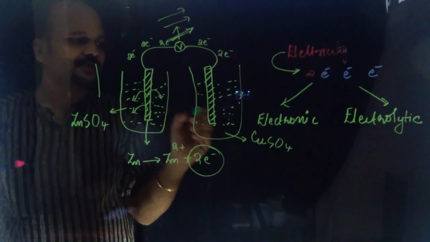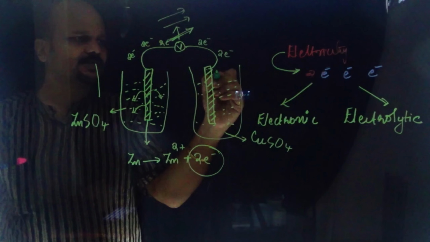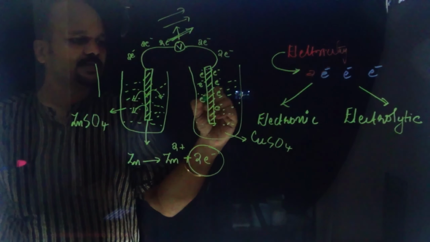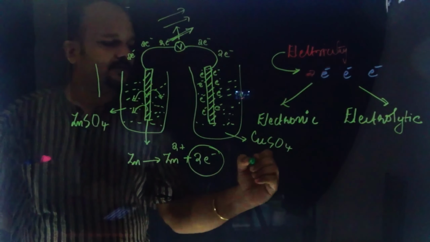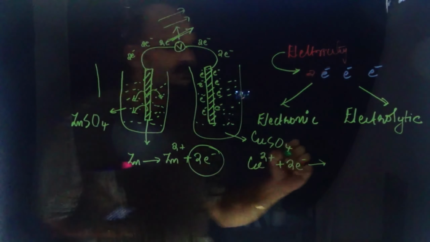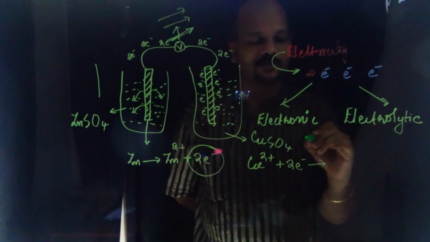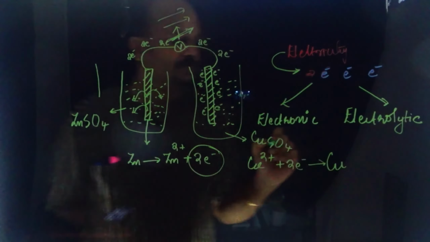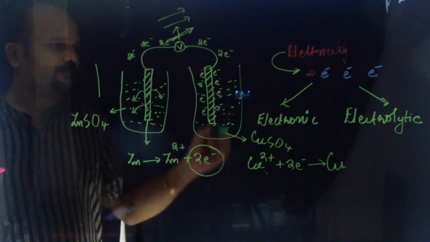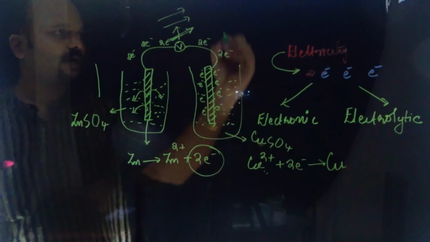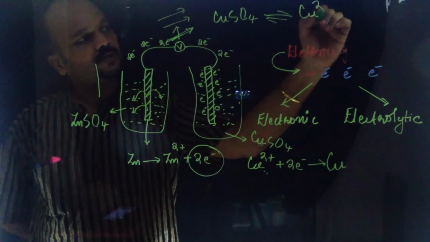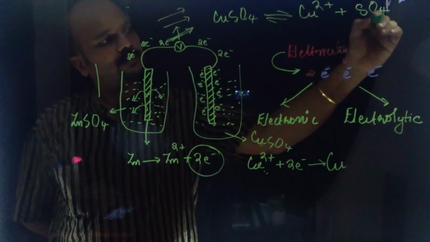Definitely some deflection is happening, and obviously when these electrons reach the copper rod electrode, it will have a negative polarity because electrons are here. Here, Cu2+ ions, when accepting 2 electrons, will become Cu. Copper accepted these 2 electrons, and copper ions are there because the solution contains copper sulfate, which dissociates into Cu2+ and SO4 2-.